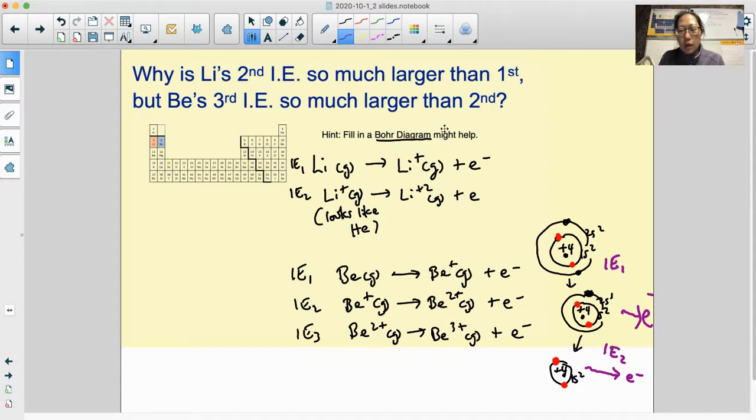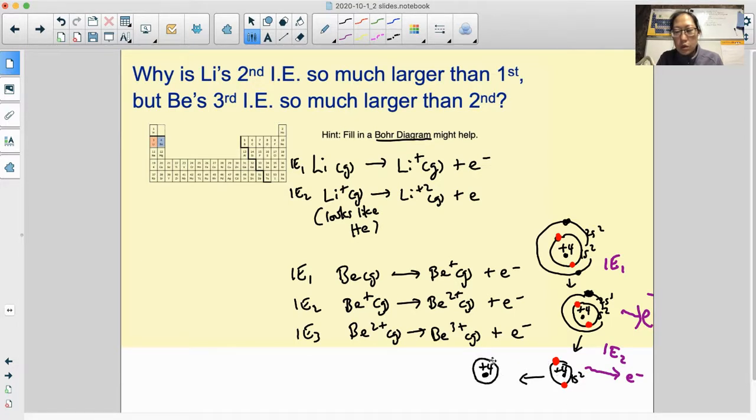All right, so now to do IE number 3, my arrows are going to go west at this point. Here we have +4, and we've got to remove one of these core electrons.